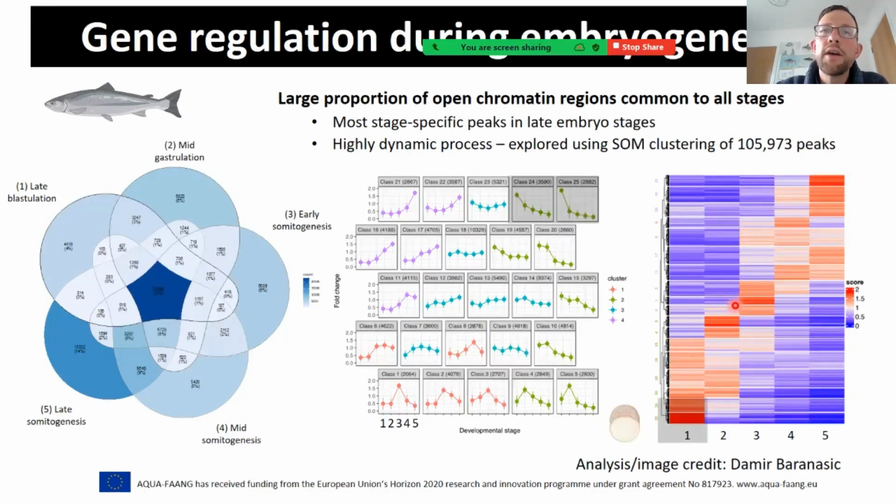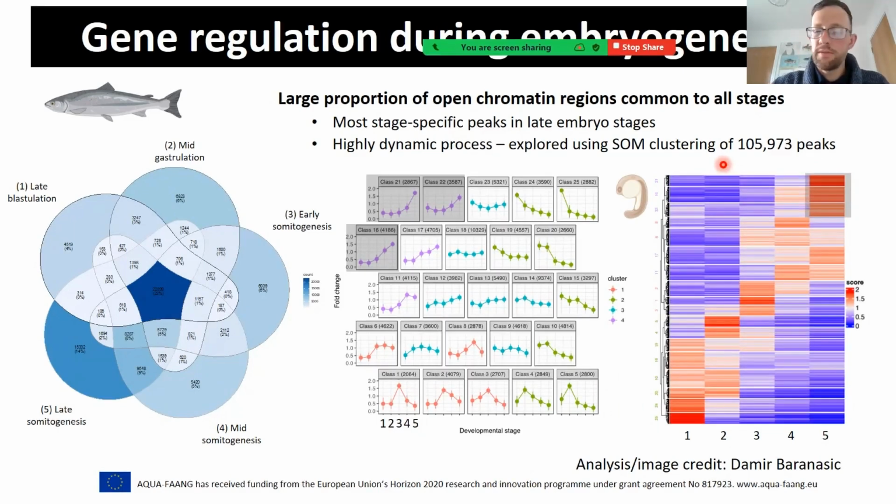You can see we can readily identify open chromatin regions that are separating different stages in the embryo. For example, the late blastula stage, when the genome's being activated, or peaks that are specific to the late embryo, which are likely involved in things like organogenesis. So again, you can see the power of these sorts of global clustering methods.